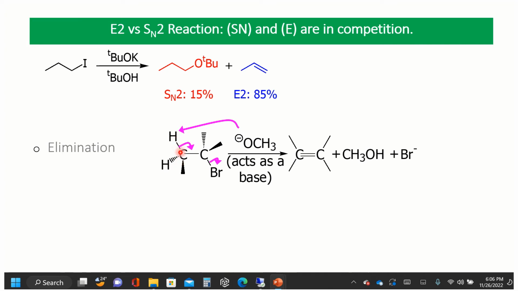And so this pair of electrons will now move into the space of the carbon in a double bond, and simultaneously we have a leaving group departing, realizing an alkene with these byproducts.